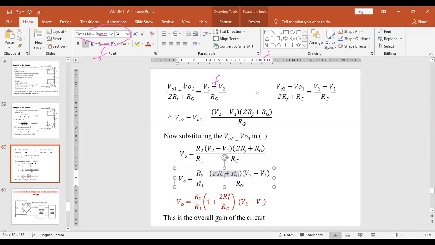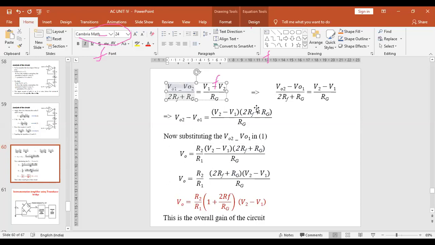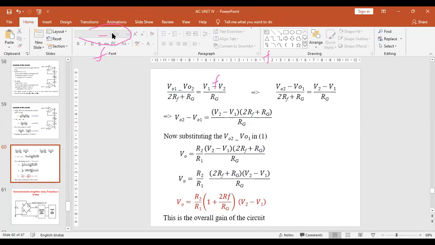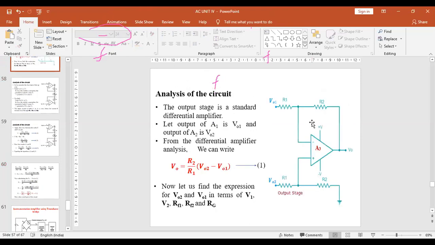So this constitutes the differential amplifier. Have you understood? So this is about the instrumentation amplifier.